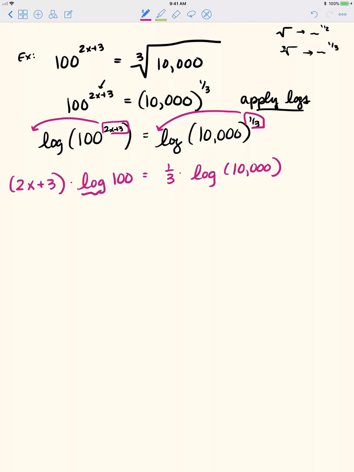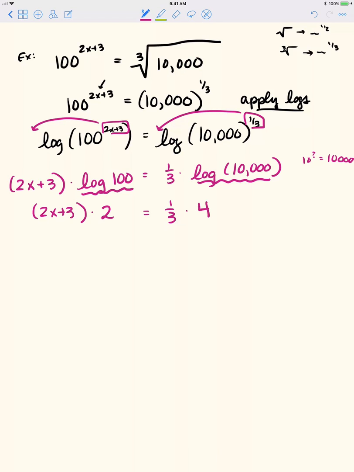If you evaluate the log of 100, it's the power of 10, because it's common log, that would give 100. So that value is just 2 times our 2x plus 3. And the log of 10,000 is the power of 10 that gives you 10,000. In that case, it's going to be 4.